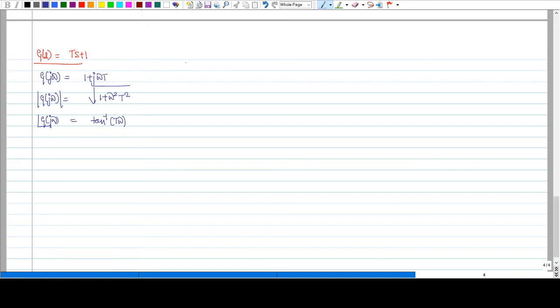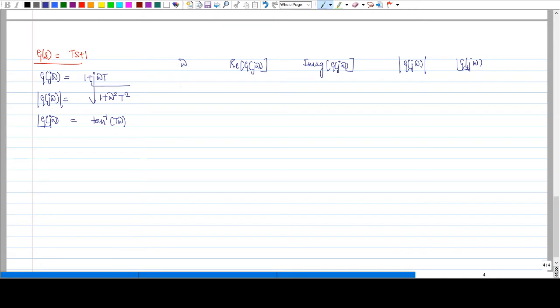So now we will plot it. Omega, real value of G(jω), then imaginary component of G(jω), actual magnitude of G(jω), and angle of G(jω).